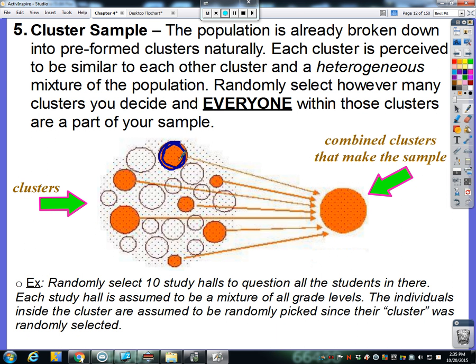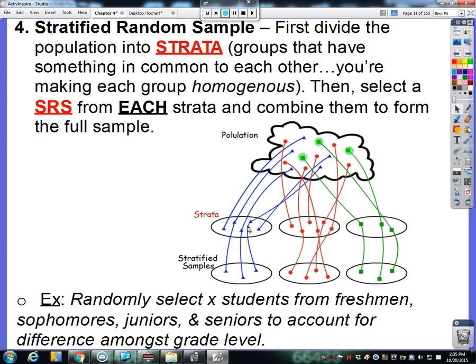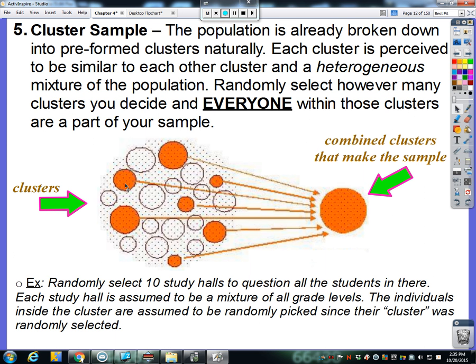I don't just randomly select some of them to be a part of my sample. I take all of them. That's the big difference between a cluster and a stratified random sample. In stratified, we only select some from each strata, but in a cluster, once we pick a cluster, we take everyone in that cluster, not just some of them.